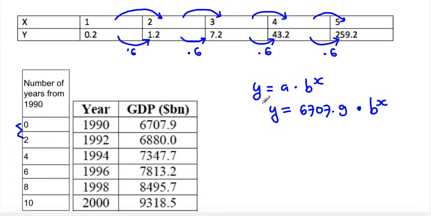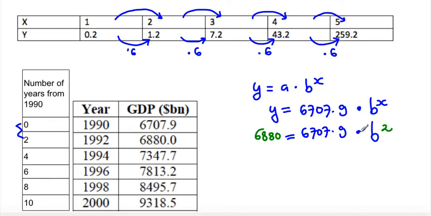If I substitute those values into my current formula, I will have 6,880 equals 6707.9 times b, where the x value I substitute is 2. Now we can solve this algebraically to find b. Here we have b squared, so later we have to square root it.